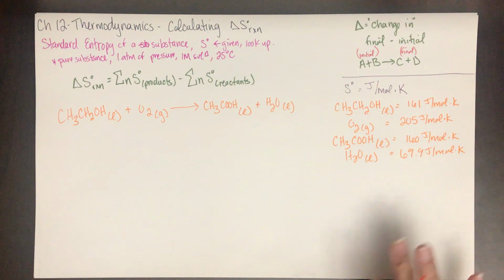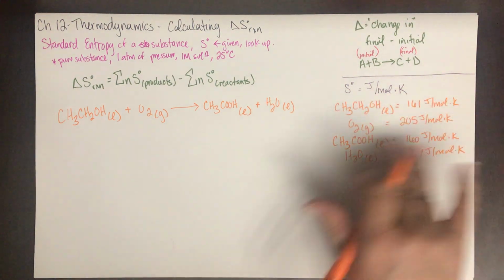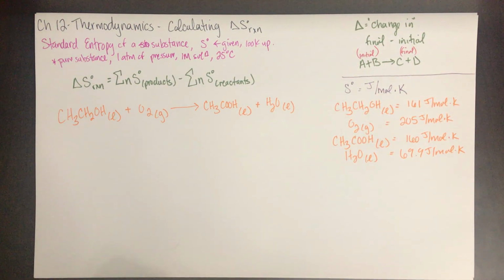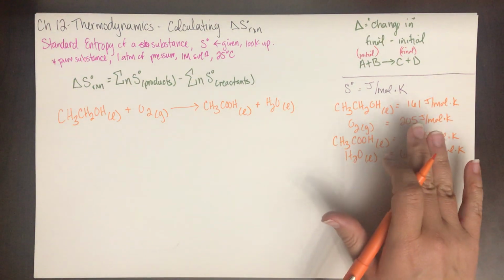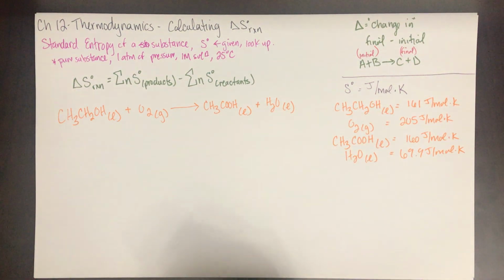Okay, so you would not know these numbers. There would be no way for you to know these numbers. You would look them up. They would be given to you in the problem, or it would refer you to a place to look them up. So these are the standard entropies for each of these substances.